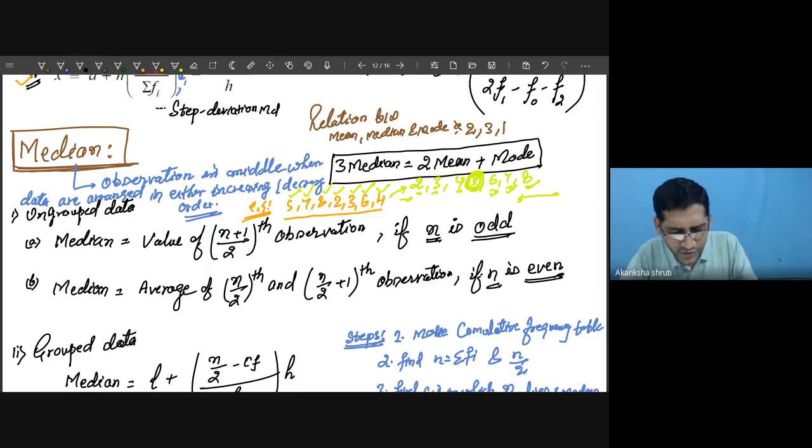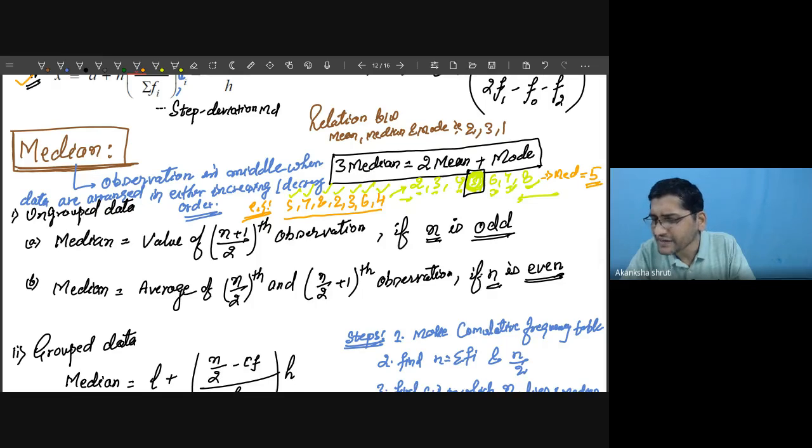So here we are observing that this 5 is falling in the center, whether we are considering from the left end or the right end. Get it? So only one data in the center. So in this case, the median is nothing but the 5 itself.